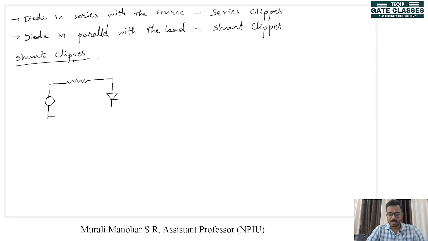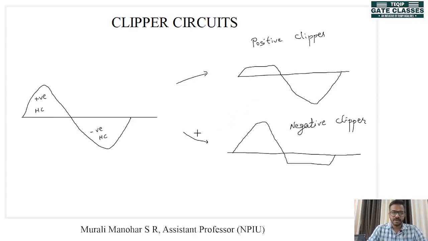Now there is an important thing. When I showed you this picture, you can see that the entire positive half cycle was not cut in the positive clipper. It was cut up to a limit, and it stays at the limit, and then it gets back to the sine wave. So there is a constant voltage called the reference voltage, Vref. Here also we have a negative reference voltage, minus Vref, in the negative clipper.